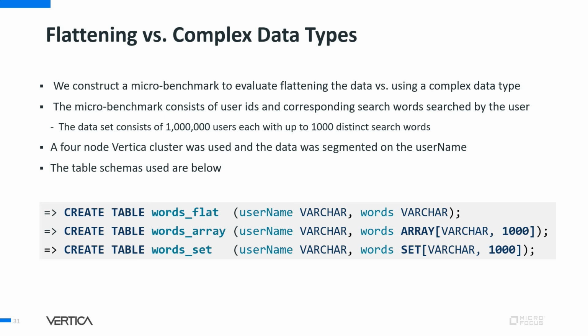We ran our benchmark with 3 different tables. First, words flat, the traditional table where we have 1 row per search term. Then words array, where we have 1 row per user with all of the search terms for that user packed into an array column. And then words set, which is similar to the array table, but we use a set type instead of an array type.